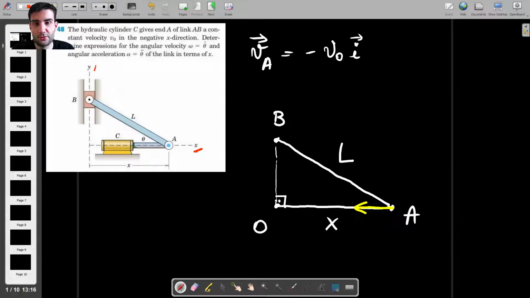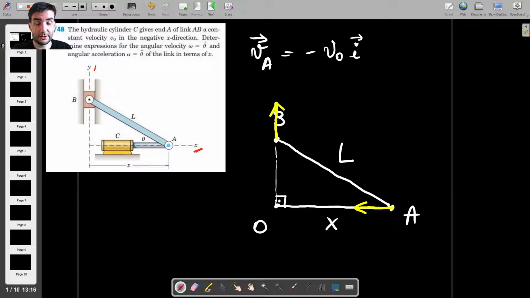And we can also deduce the direction of the velocity of B. If A is going to the left, it means that link AB will rotate clockwise, which means that B is going to move upwards like this.